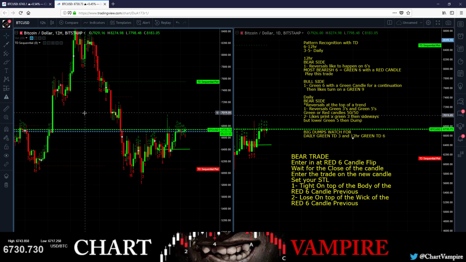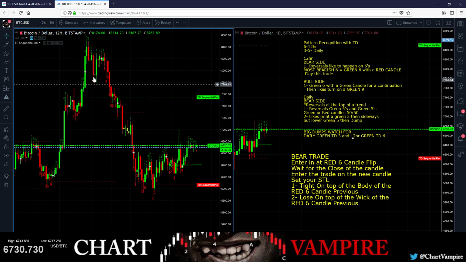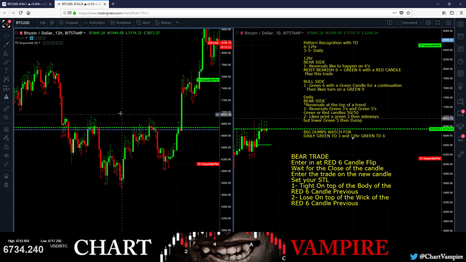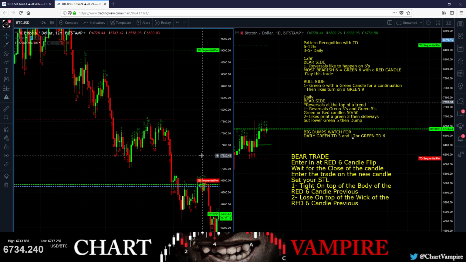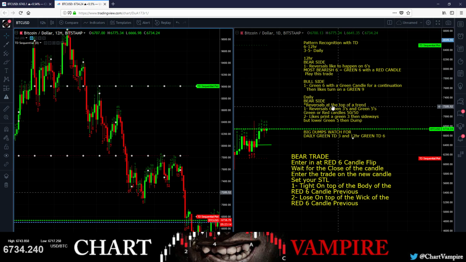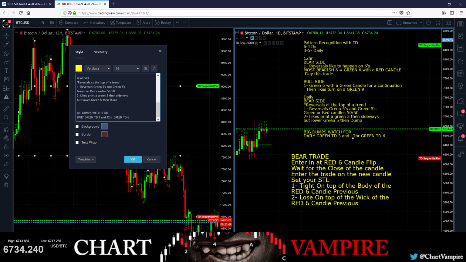And then this is kind of where it wants to do its thing up here. All right, green 6. Let's go find one more green 6 candle and see how that pulled us out of here. All right, green 6, green 9. Where's the bull?